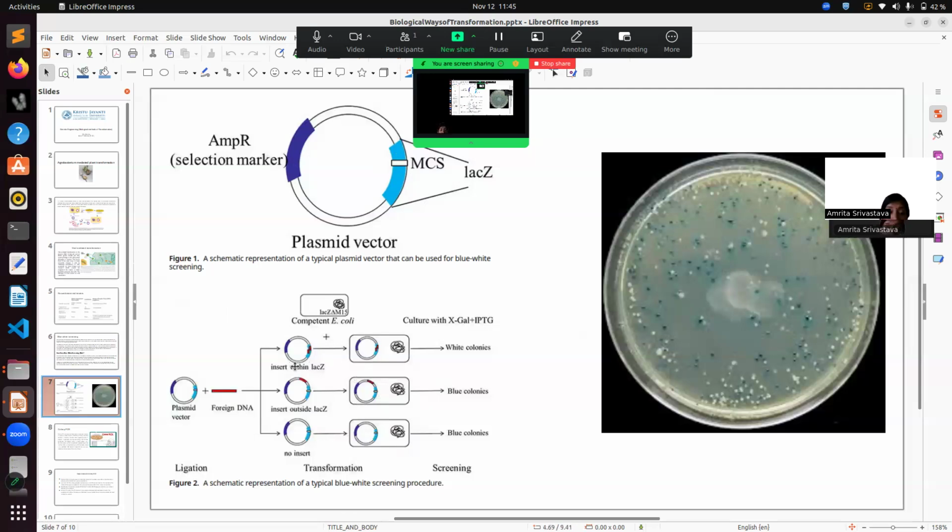For example, here is an insert within the LacZ gene with ampicillin resistance as well. In that case, we will have a white colony. If the insert is outside the LacZ region, then we will have a blue colony. And if the transformation has not occurred, then also we will have a blue colony.